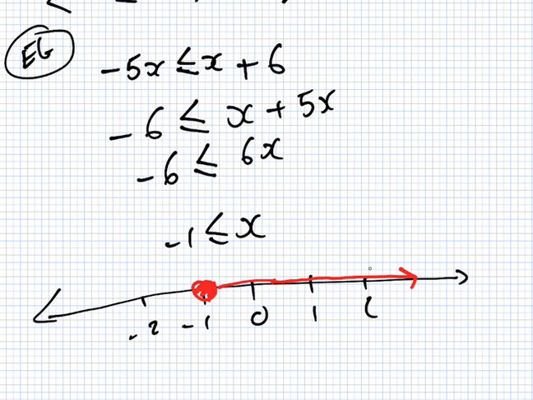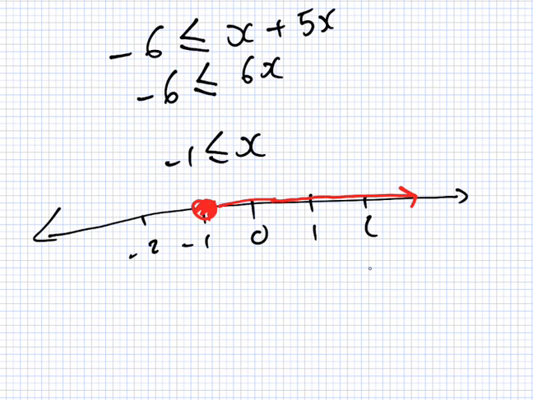Okay, do you have that yet? So it seems like, alright, this is just like what we've done so far. But there is one special exception.